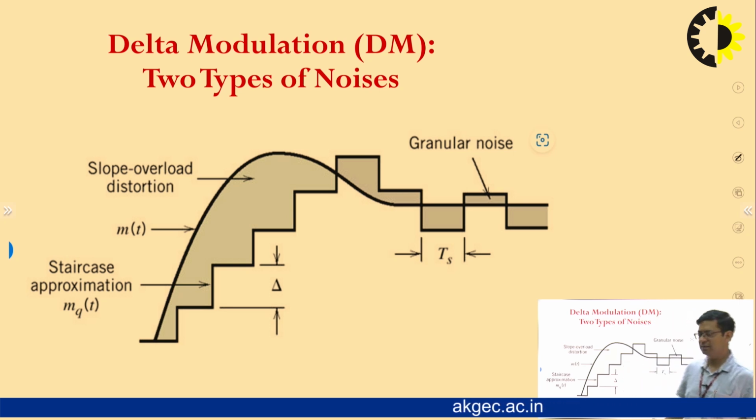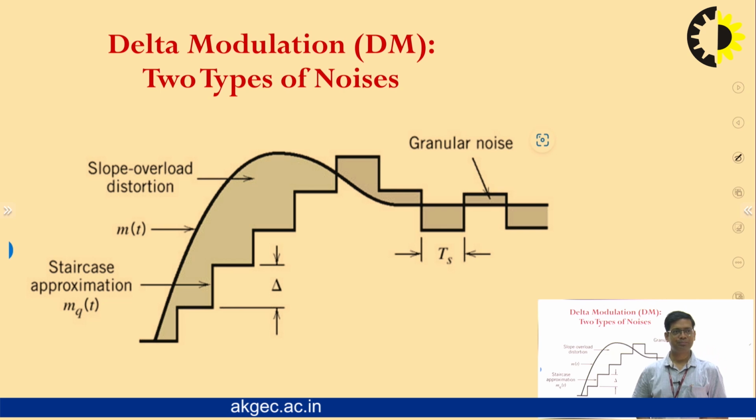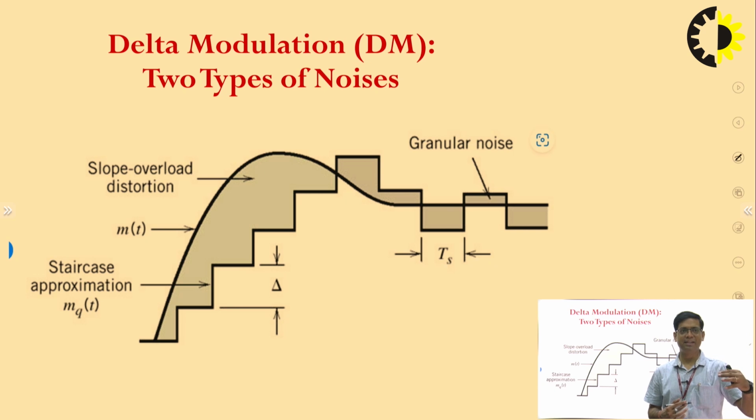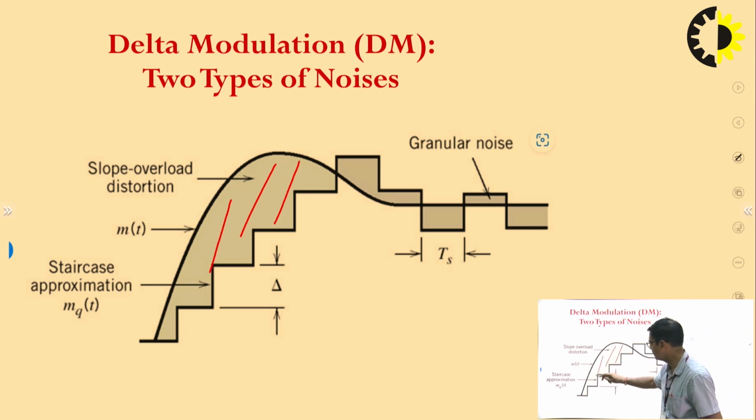Now, first case, when the slope is very high and our step size that we have chosen is not sufficient enough to catch up with the message signal, then there is a gap between the message signal and the quantized waveform. This gap is denoted here, this part, this gap.